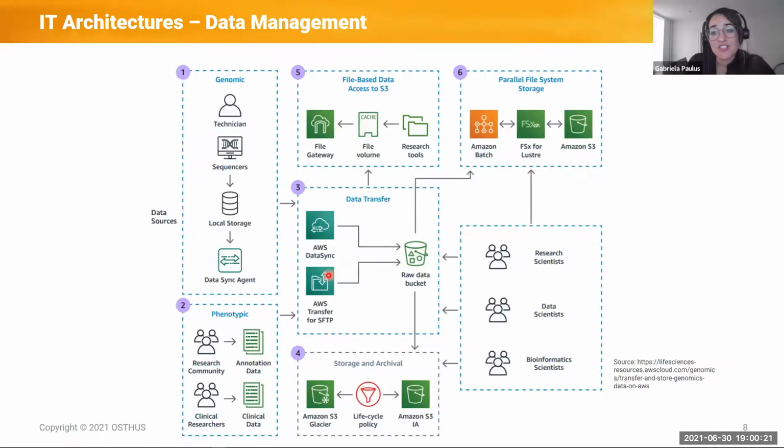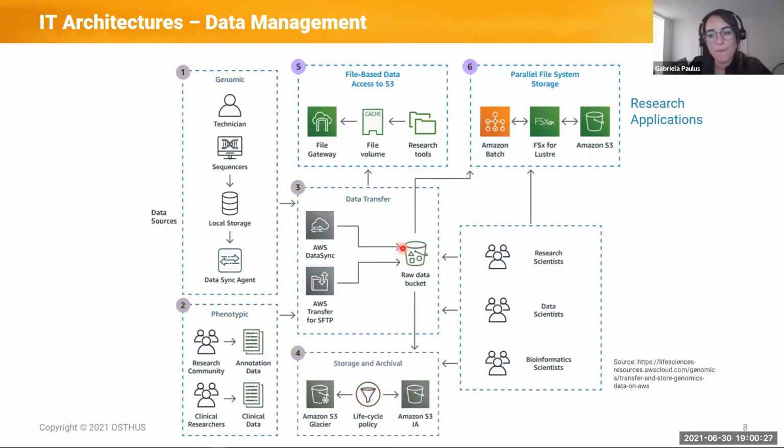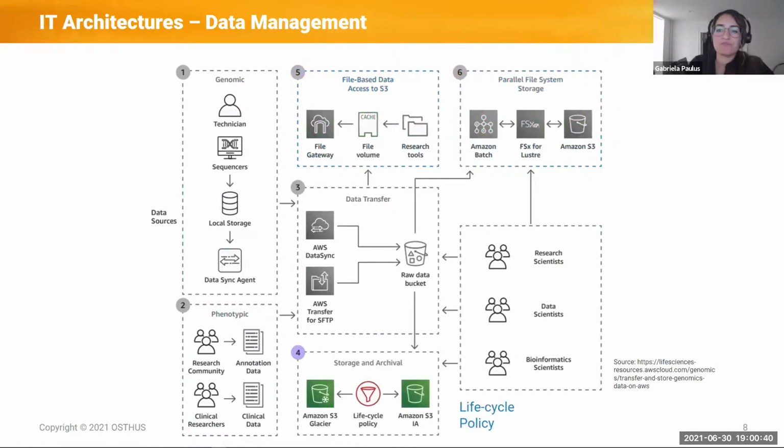Now, after migration to the cloud, the data is initially stored in a central location from which it can either be accessed directly for analyses or processing purposes in an active manner. So this is active data. Or if you're not planning to use the data that much, or if it's not used as much in general, the data can instead be moved to a less active location for longer term storage.